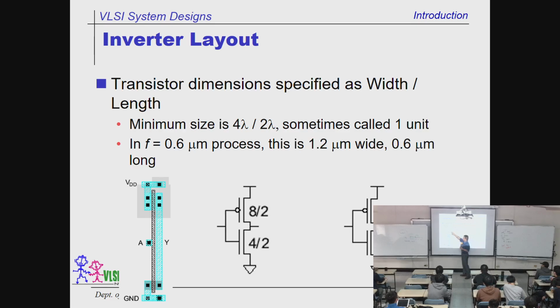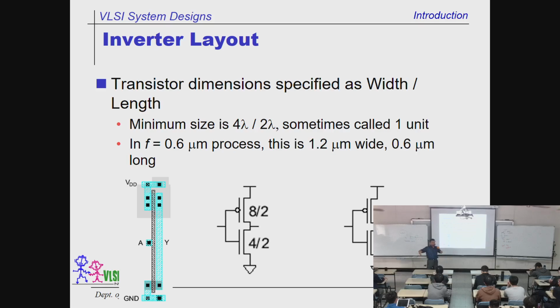And this is a very, very old process, 0.6 micron. When I was a student, I used a 2.0 micron process. If you compare the sizes, it's like the size of a truck. And right now, the process that you use is the size of a bicycle.